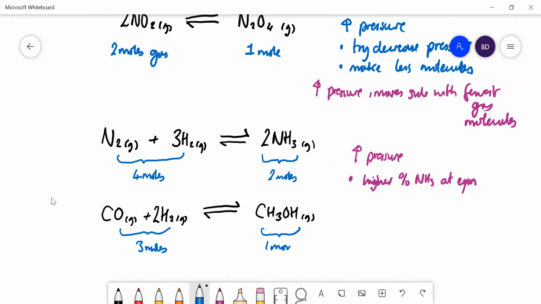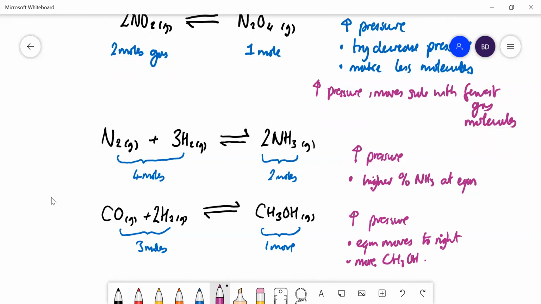So if you increase the pressure for this one, again the equilibrium is going to move to the right, in other words, you're going to get more methanol at equilibrium.